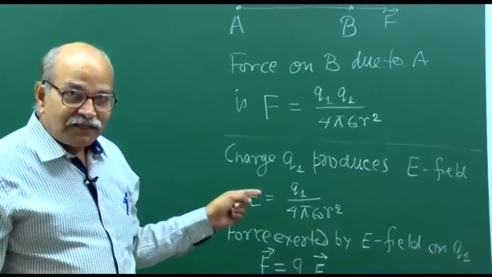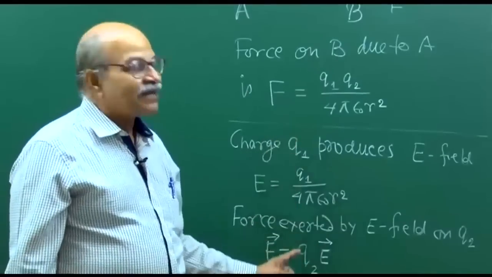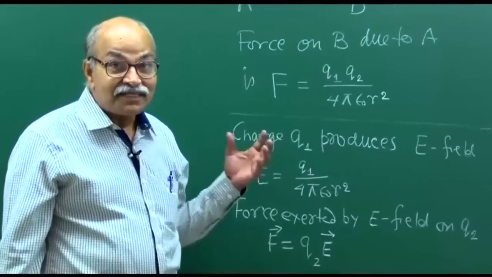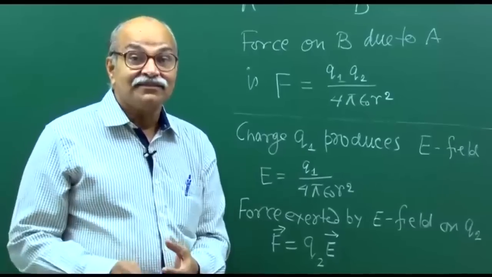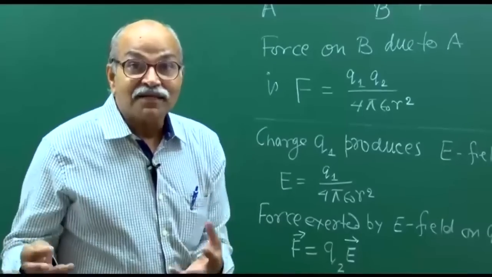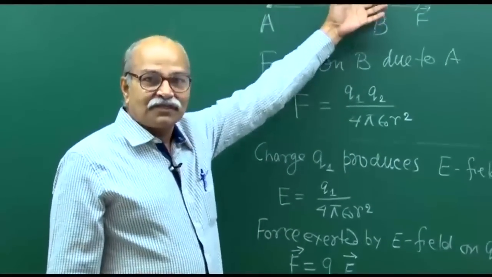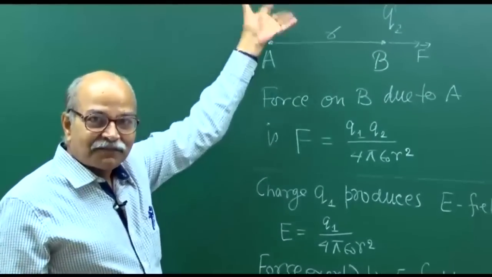I still emphasize that it is a two-step process and one must understand this, because the electric field is a real entity. Just like you have matter, you have field. The field is very much there, whether Q2 is there or not.